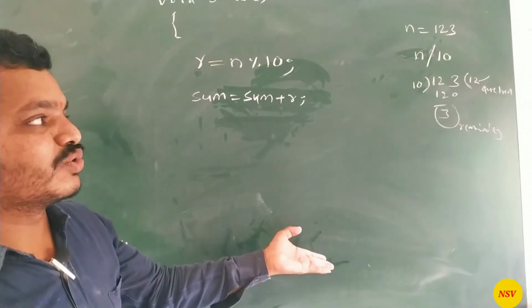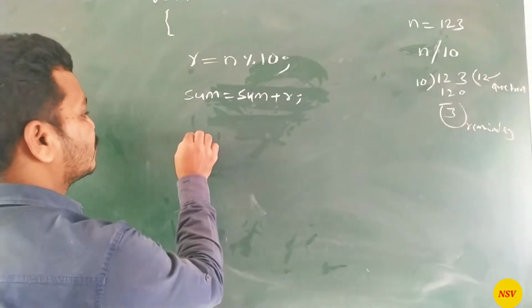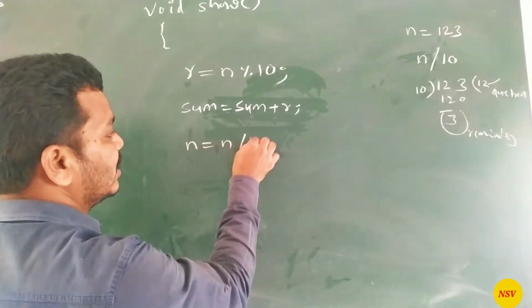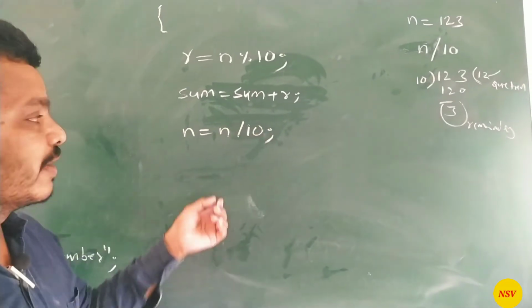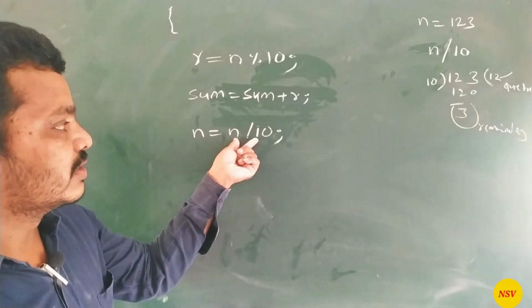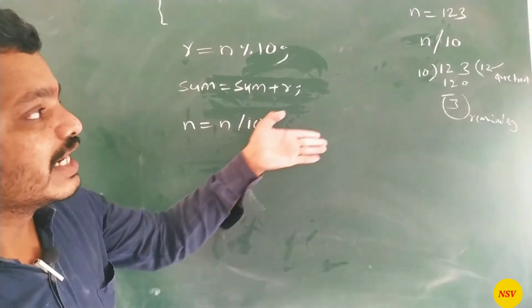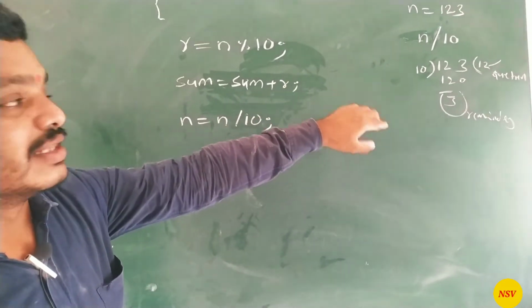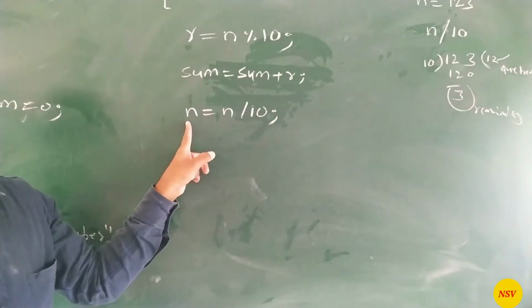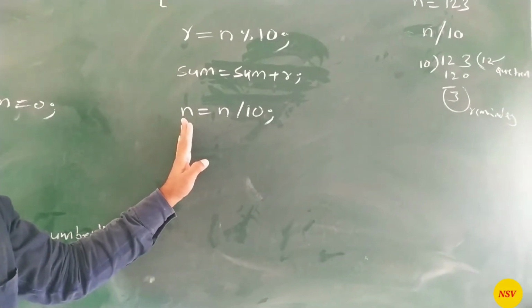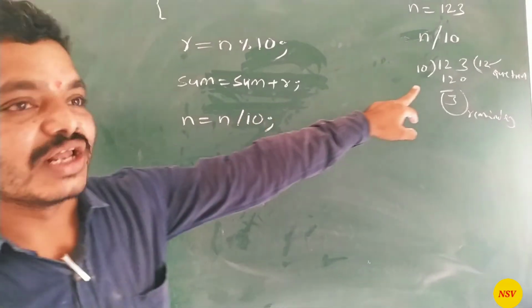Now we take that quotient value as n. That is why n is equal to n division 10. Using the division operator with 10, we get the quotient value 12. That 12 is stored in n. So what is the n value here? 12 only.